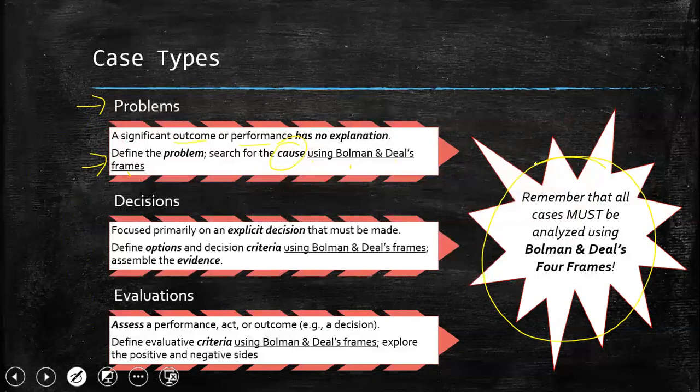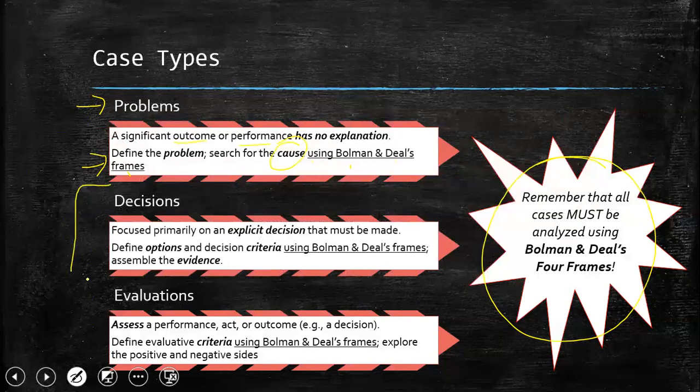So think of it as a set of 4 lensed eyeglasses that you've got on your face all the time, and you can look through each of those lenses, each of those 4 frames that Bolman and Deal set out for us to help try to understand what the problem is and what are the factors that are leading to that situation or outcome or performance or result or whatever it is that's described in the case. So search for that cause using Bolman and Deal's 4 frames.